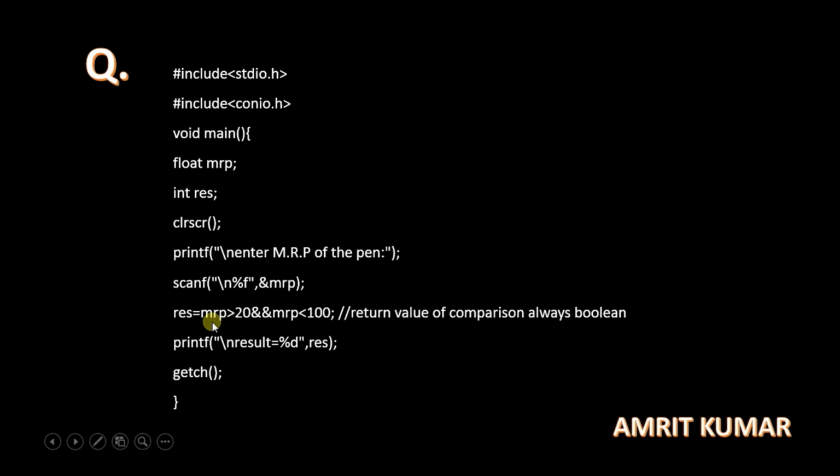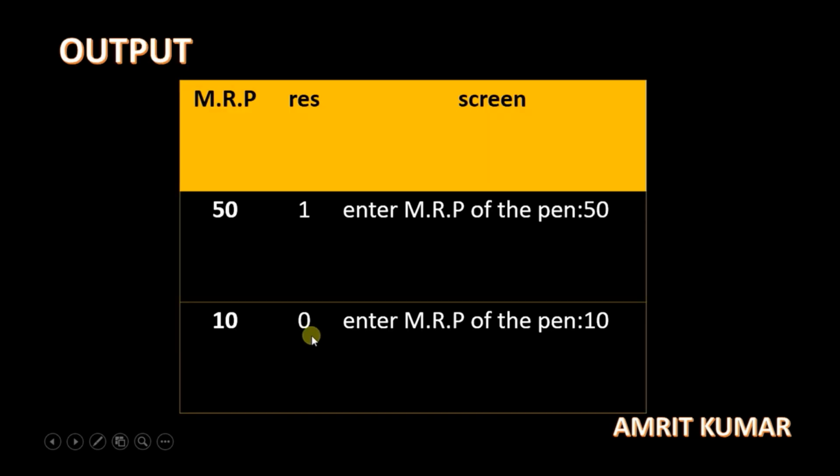Because this statement is false, obviously it is going to return a false value, that is 0. So overall it is going to return the value 0, and that is going to be assigned to the res variable. So res is going to give us the result 0. So this is how you can work with the logical operators of the C language with the if else statement.